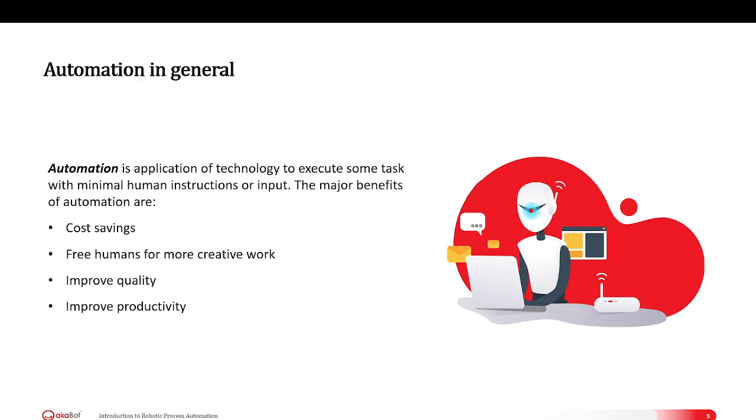Right here is the robot, it replaces the business user, I mean it helps you to work with a daily process. So the major benefits of automation are cost saving, freeing humans for more creative work, improved quality, and improved productivity. I will explain the details of each benefit in the next slides.